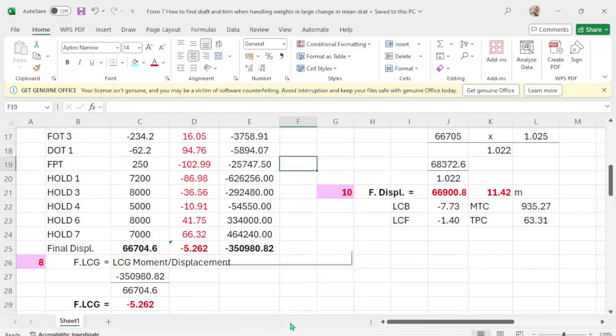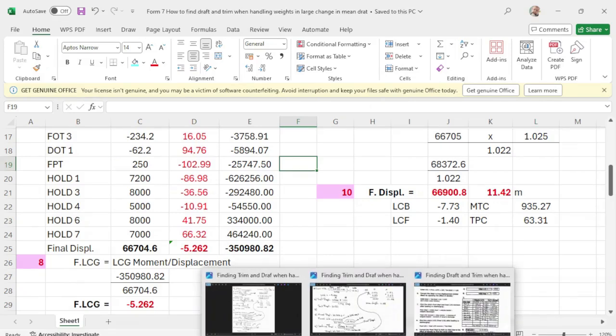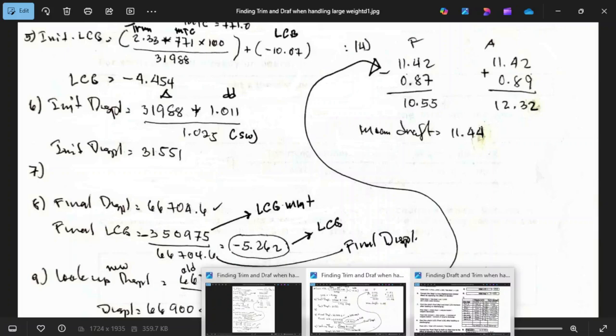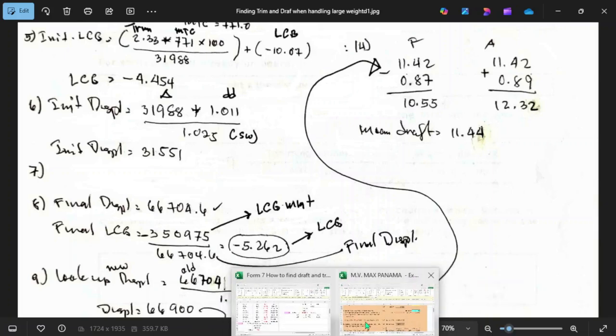Number 8. Number 7. This is the final displacement. Final LCG is negative 5262. That is number 8.